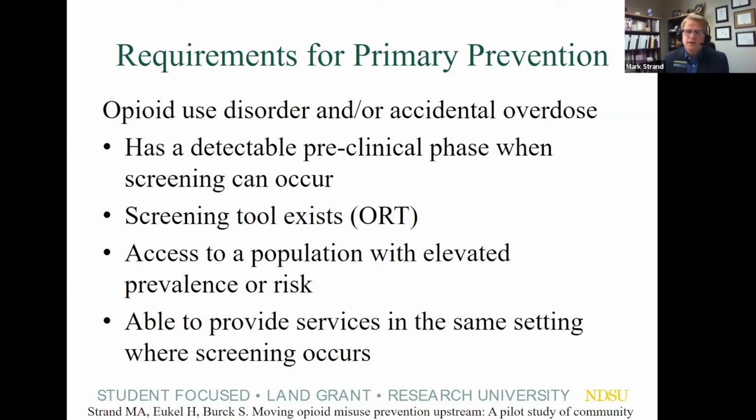And then finally, primary prevention requires that you're able to provide services in that setting where screening occurs so that you don't lose individuals, that there's no disconnect. And we know that opioid management issues across the country suffer from lots of links in the chain of opioid care, but they're oftentimes not connected well, so people fall through the cracks.